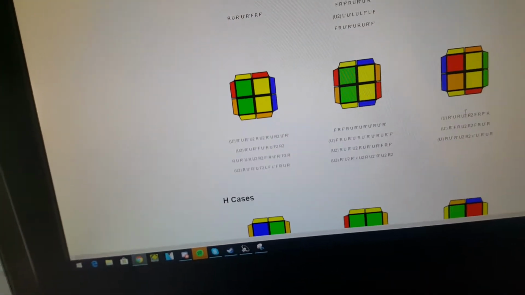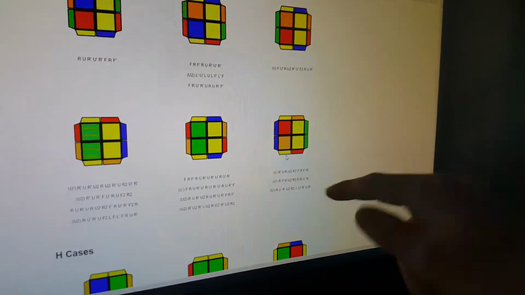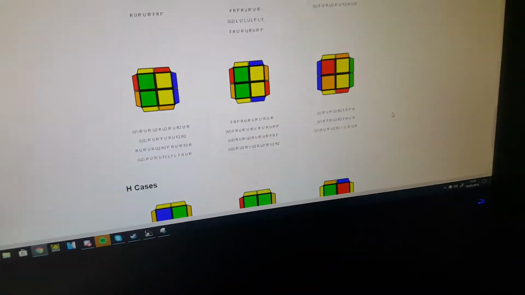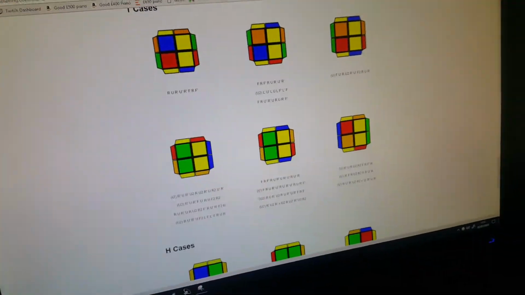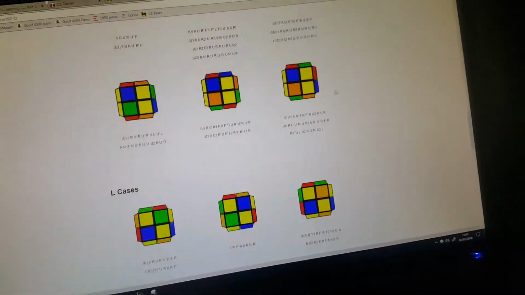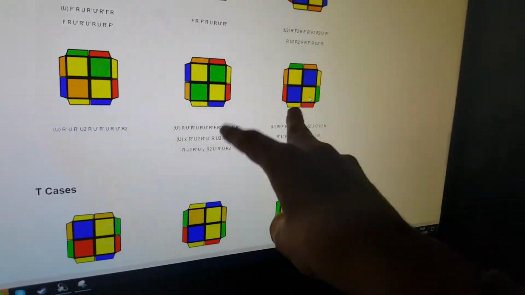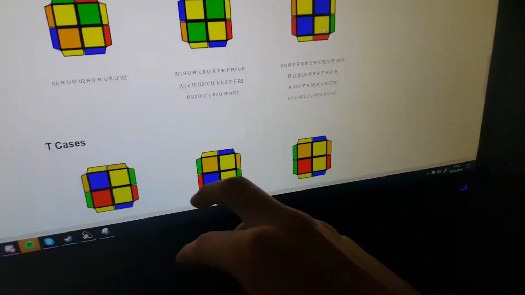T cases weren't that hard. For this one, you can technically rotate and just do the adjacent swap, but actually, this case is not hard at all. The T cases are all quite easy, actually. They're just kind of different. The L cases look difficult to learn, but actually, these two are very similar.